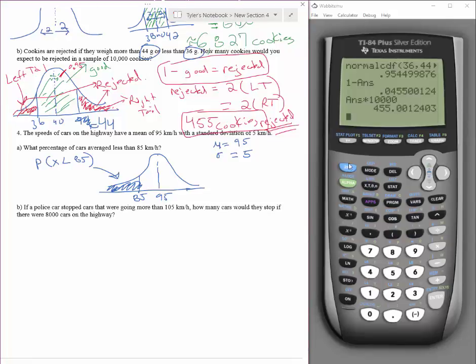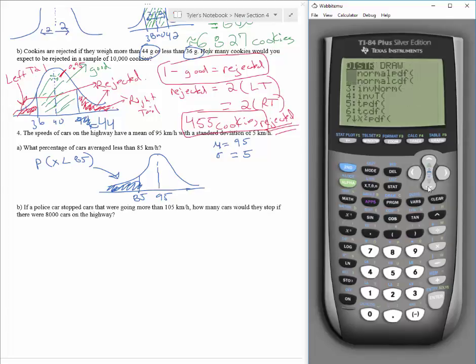Then if I come over here, second distribution, normal CDF, we would go negative infinity to 85. And then my mean is 95, standard deviation of 5. I get this amount.